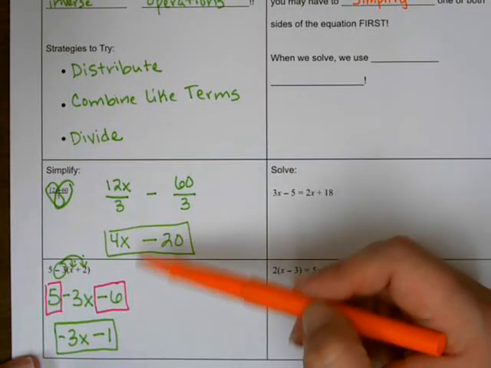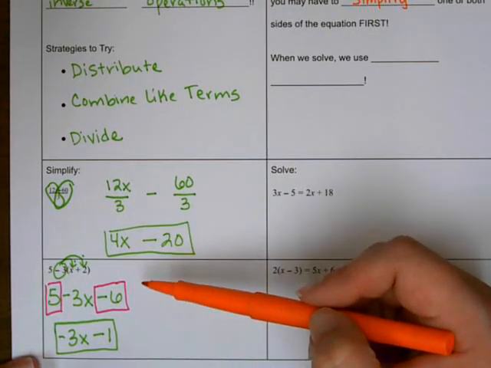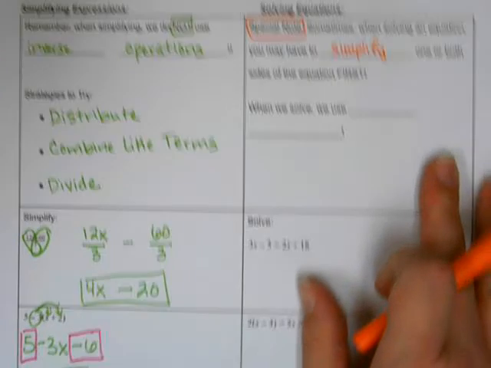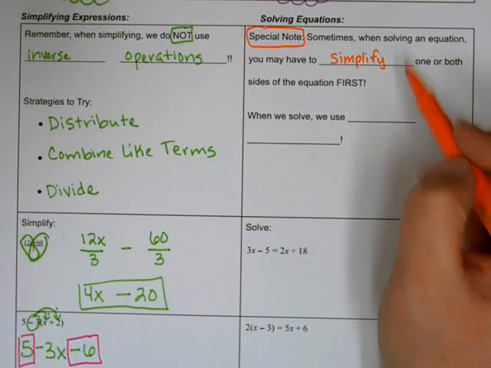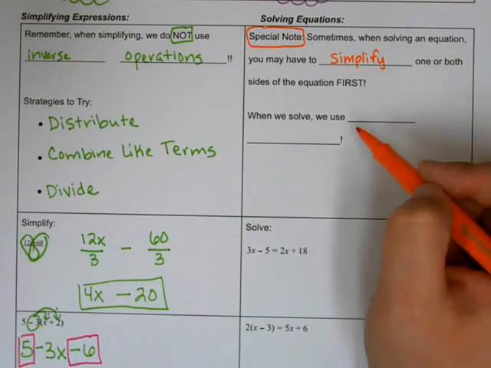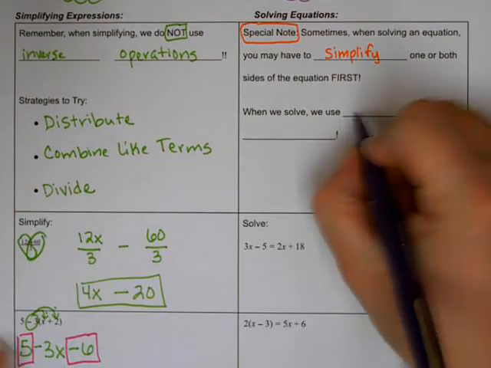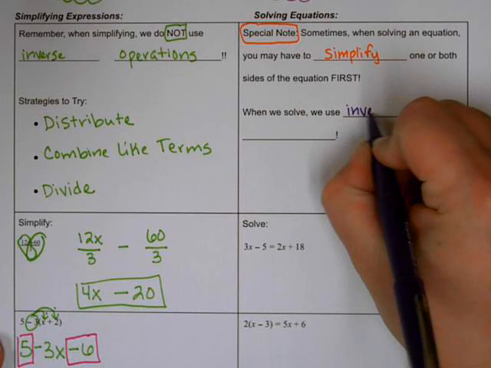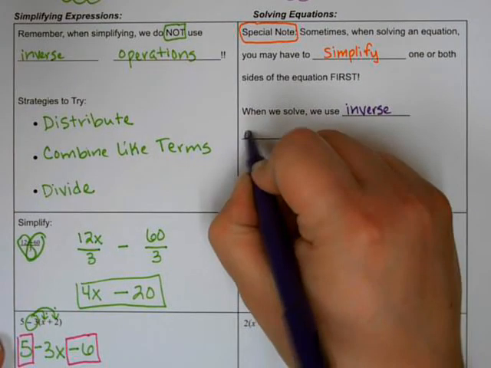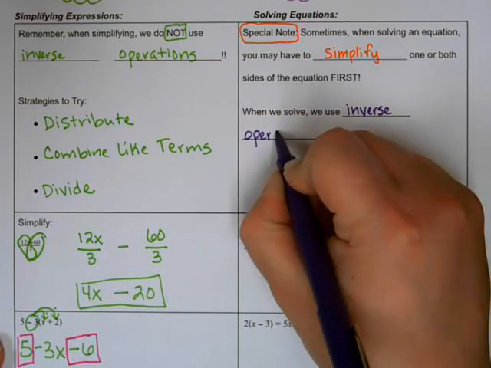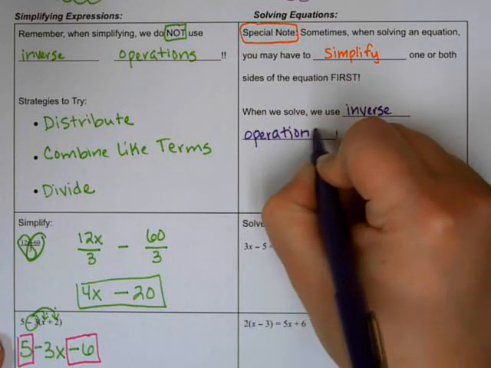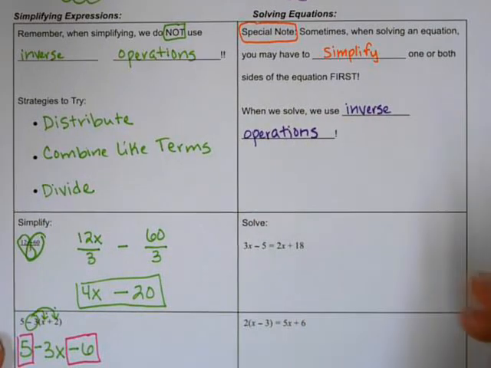So we may have to do exactly what we did over here before we can even solve the equation. Once we've simplified both sides, if we can, then when we solve, we use inverse operations. Again, those inverse operations are what allow us to move on either side of the equal sign.